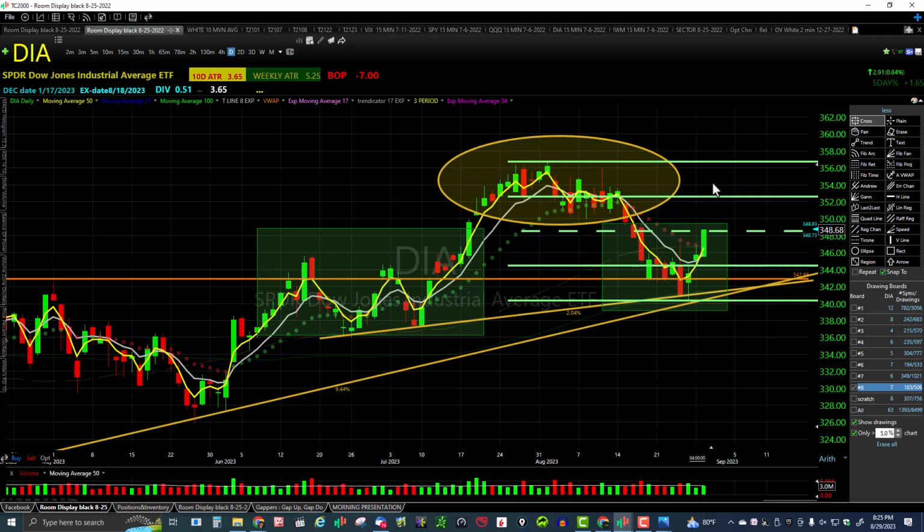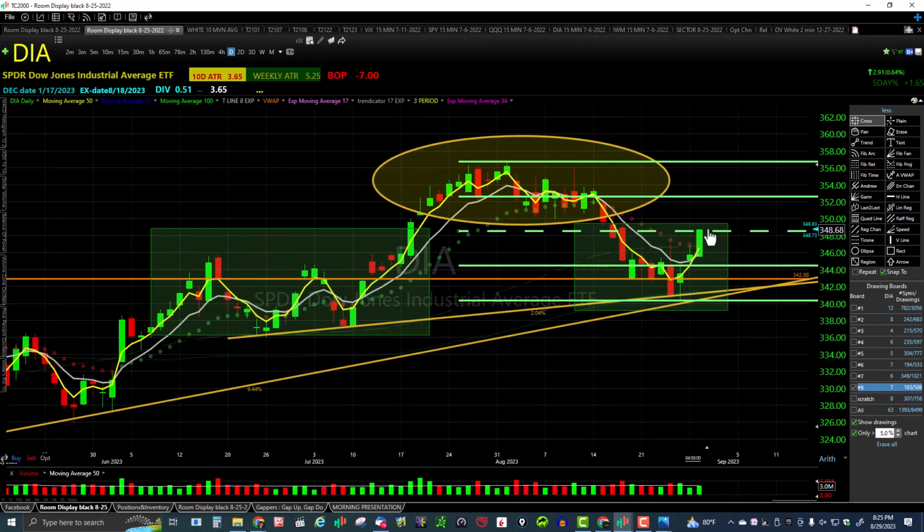So what I like to see, before I go bullish on this, is price action up over the midpoint. That's the 50-yard line. I want to know that the bulls are in control and there's 51%. That gives me the notion to go bullish through here.